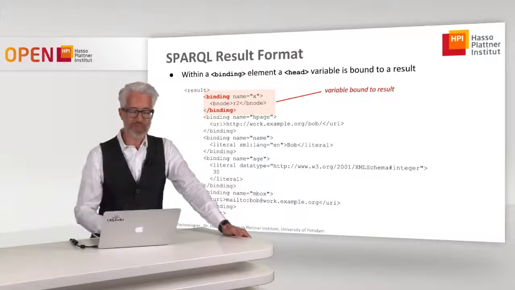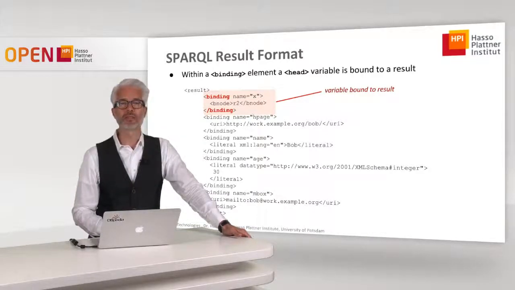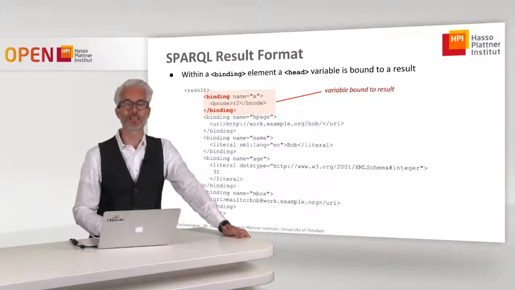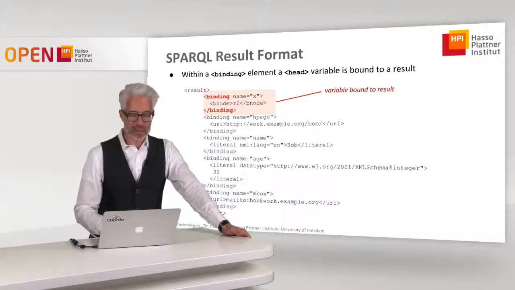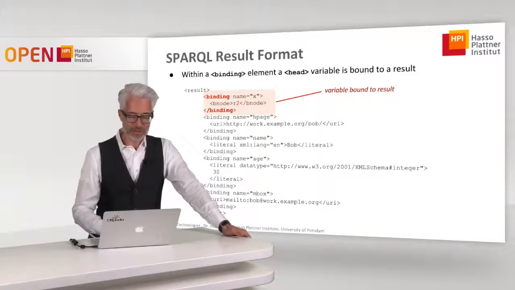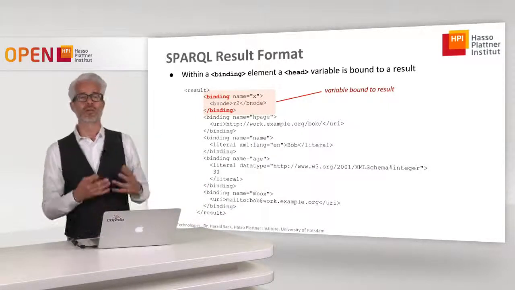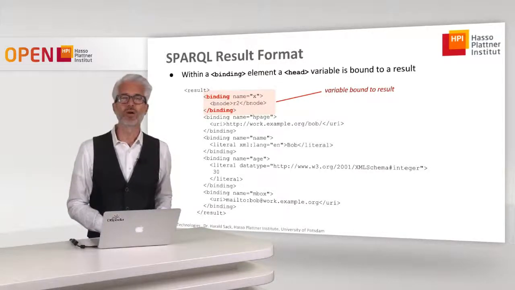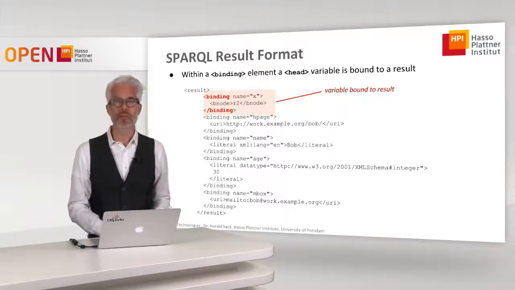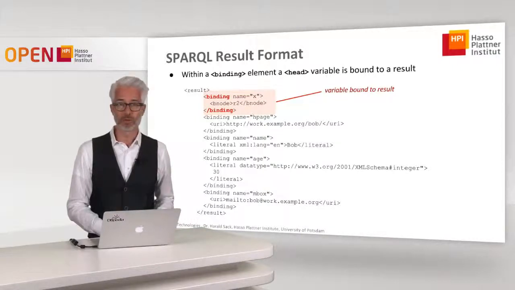The next one, variable name, is bound to a literal, and the literal is given in English language, so it's an untyped English language literal. The next one would be age, and this is a literal, and the data type here is integer, and then the value is 30. So these are different possibilities how variables are to be encoded in different bindings inside the SPARQL output result format. So this is quite easy.